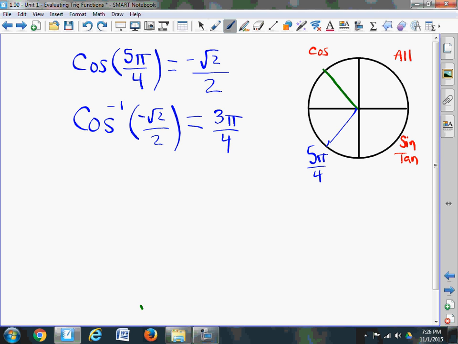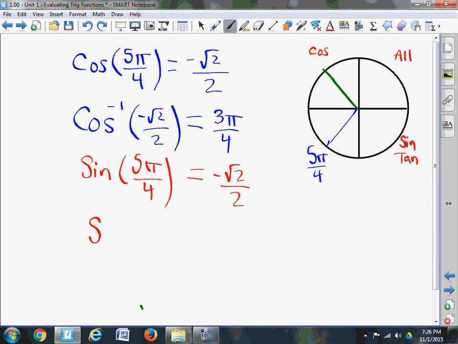What about tangent and sine? If I do the sine of 5 pi over 4, well, that's also negative. The sine of 5 pi over 4 is equal to negative root 2 over 2 as well.